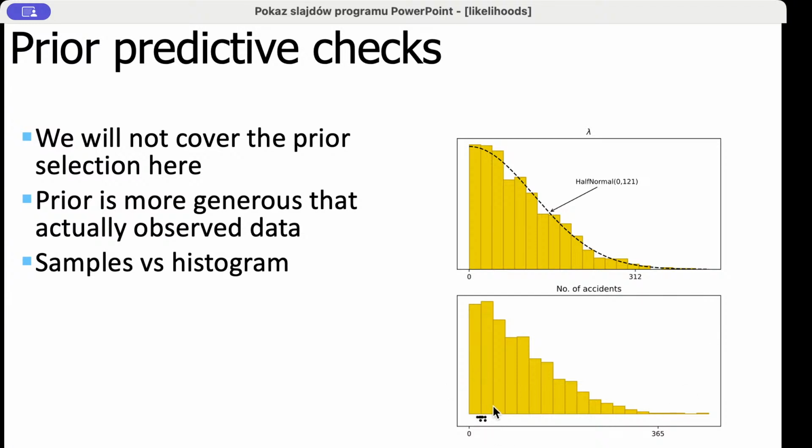Here we can see the observed samples, and this is the prior distribution for lambda, and these are the simulated numbers of accidents if samples were taken from the prior distribution.